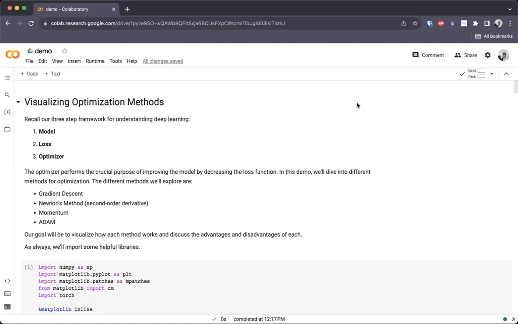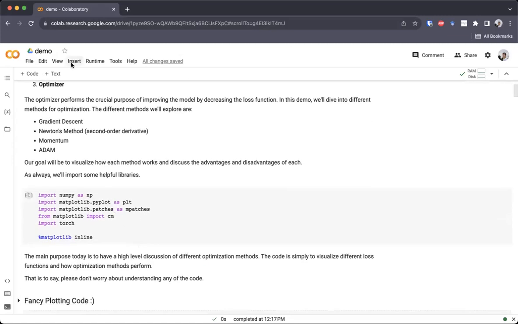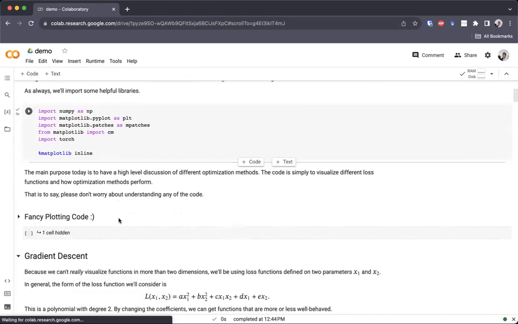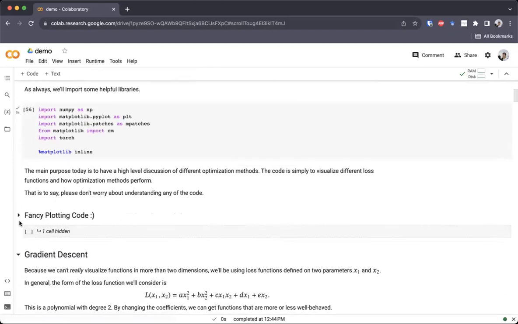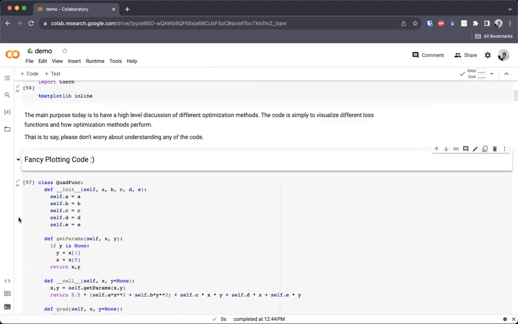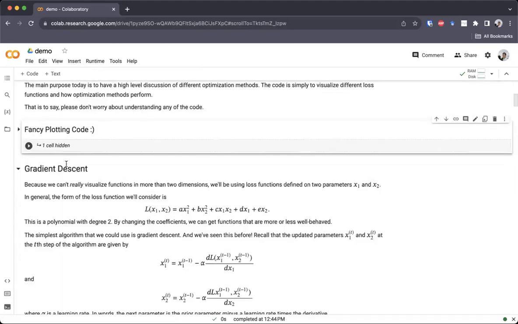The point really is to get a high-level understanding of what these optimizers do, and the code will just help us by plotting some nice functions. So, as always, I'm going to run this all now. We're going to import some helpful functions, and then there's some fancy plotting code here. If you look at it, it's long and gross, and let's not look at it again. We'll just be using it to make some very nice, pretty pictures.